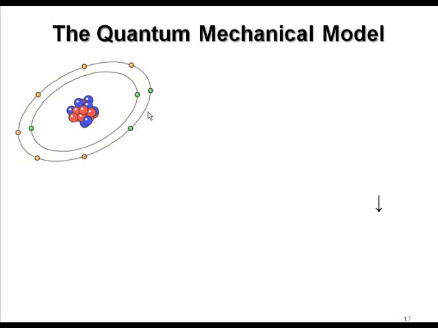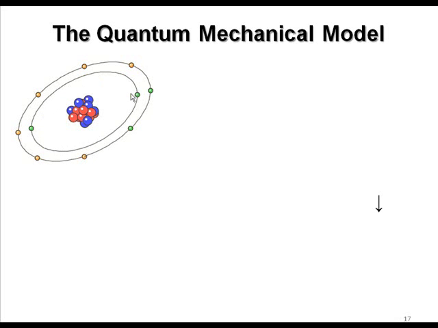There's a maximum of 8 in the second. But again, it appeared like a pancake. Now, Bohr's model was correct in that the electrons do appear in these shells. However, the idea of the electrons zipping around like planets around the sun, that is absolutely wrong. The electrons do not go around in a circle at all.